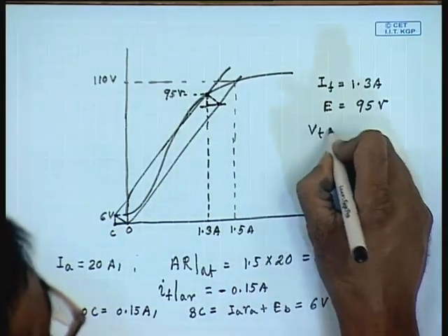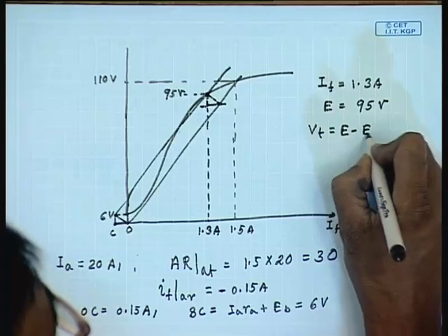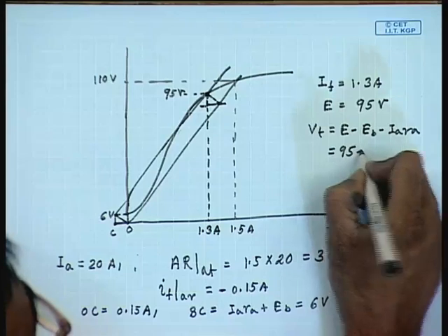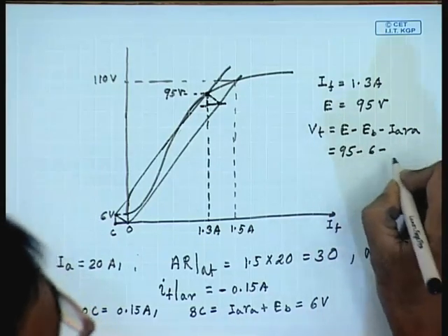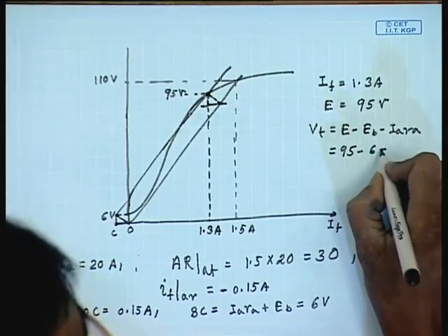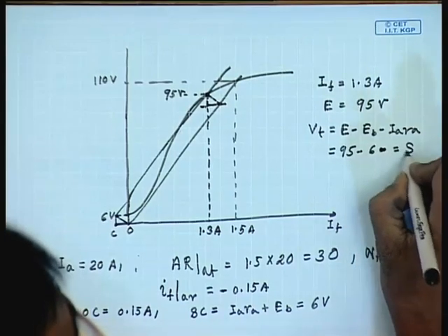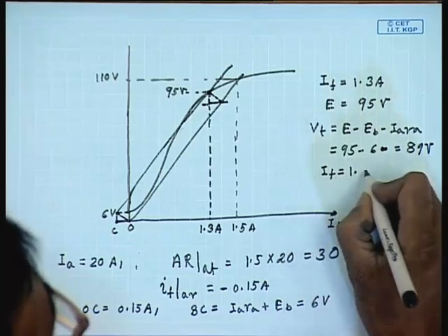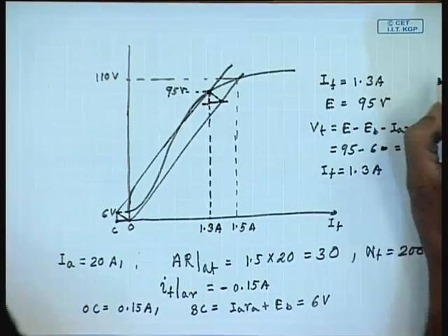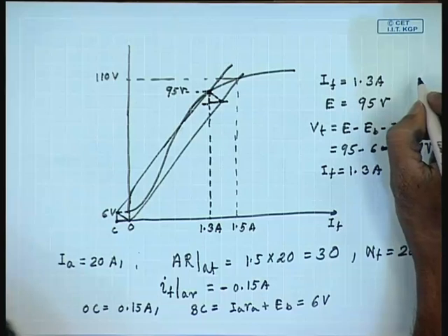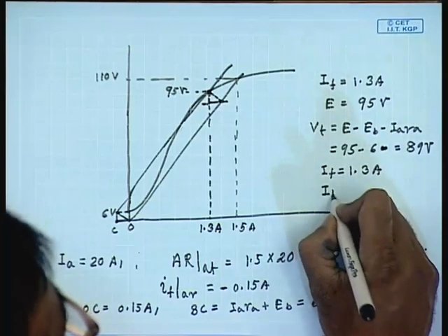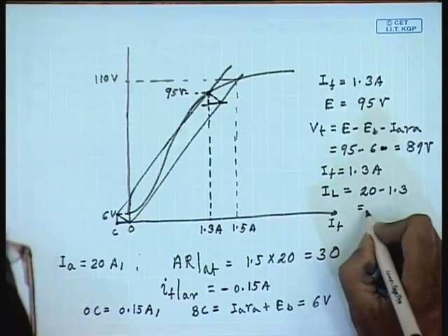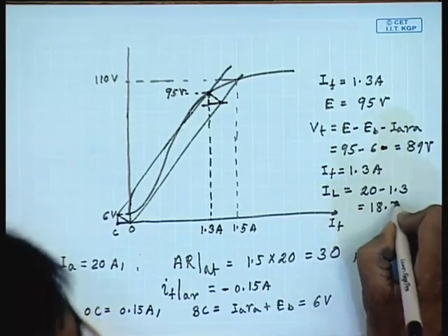So, Vt equal to E minus EB minus IARA equal to 95 minus 6 equal to 89 volts, IF equal to 1.3 amperes and IL equal to 20 minus 1.3 equal to 18.7 amperes.